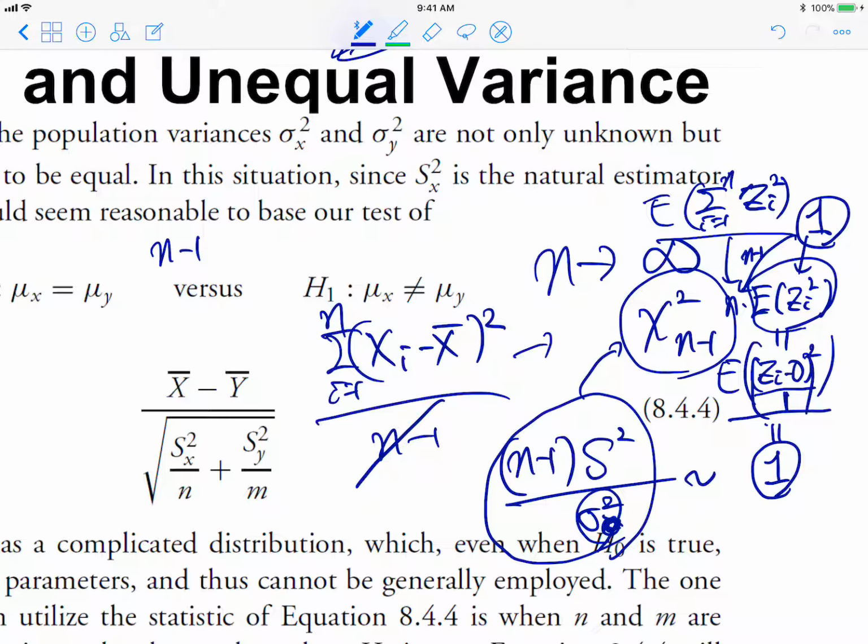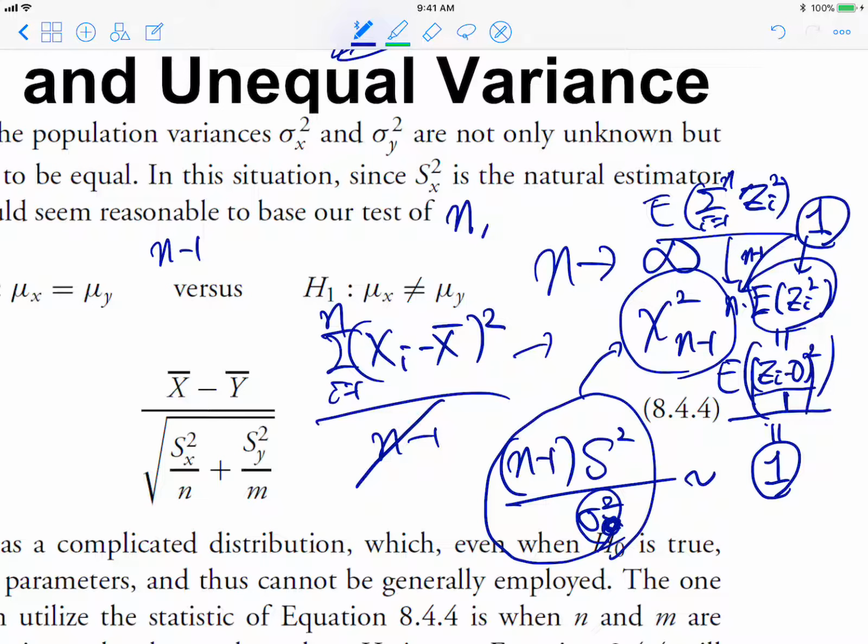But what about the variance? Can anyone tell me? We didn't prove that, but can anyone give an answer for the variance of this chi-square distribution? In the case of the degree of freedom as n, the mean of a chi-square distribution was n, but what about the variance? You can just look back at your book.